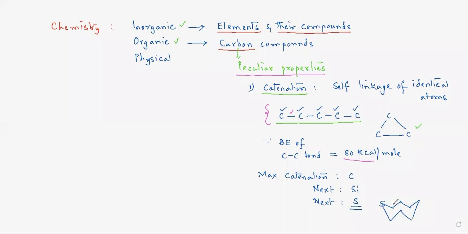Look at sulfur, sulfur, sulfur. It's called crown shape or puckered ring structure. You can see 8 sulfur atoms connected with one another. So this is what catenation is all about.